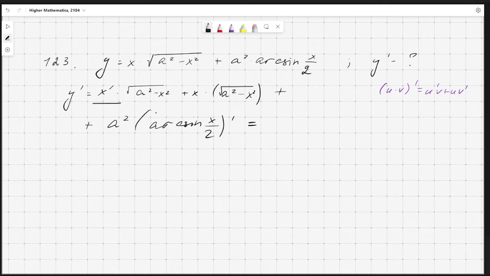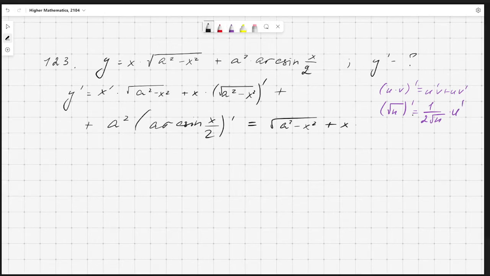Derivative of x is 1. Write down just square root of a squared minus x squared. Then x, just rewrite. Derivative of square root is 1 over 2 square root of u times u prime.